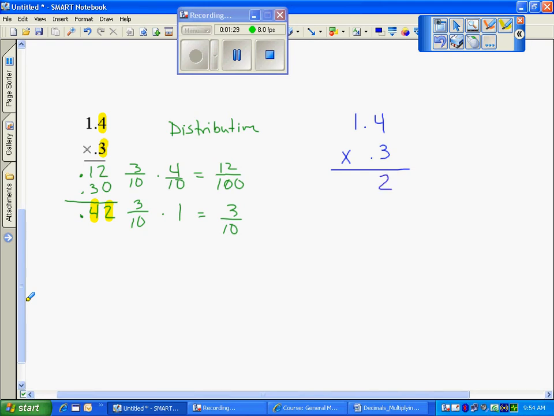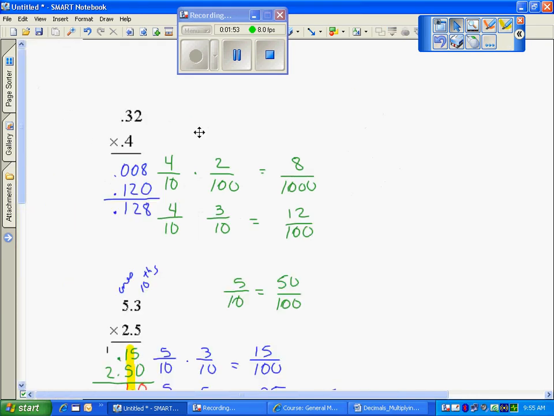I have a position for the 2. The 1 gets regrouped. 3 times 1 is 3, plus 1 more is 4. Notice my values match, and the position of my decimal, if my pattern or rule holds here, is 2 values to the right of the decimal, 2 values to the right of the decimal.